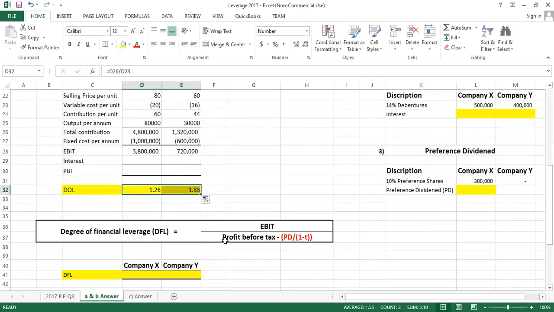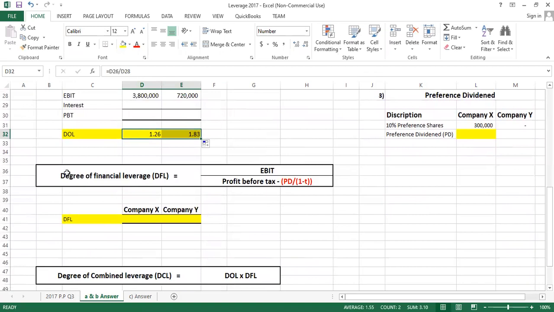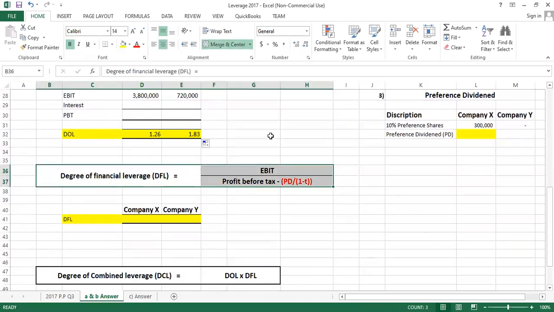Next, we will discuss how to calculate the financing leverage. This is the formula to calculate the financing leverage: financing leverage equals earnings before interest and tax divided by profit before tax minus, open the bracket, the preferred dividend, PD divided by 1 minus T, close the bracket.